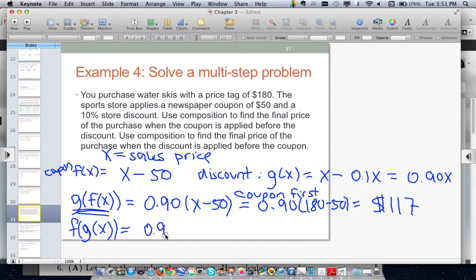So step one, instead of x minus 50, we're going to say 90% of x minus 50. And when we substitute this in, figure out what 90% of 180 is, and then subtract 50 from that, and you would get your sales price, which in this case is $112.